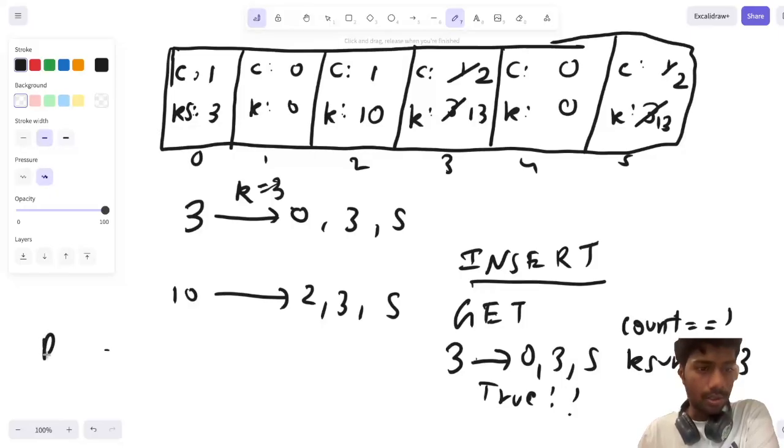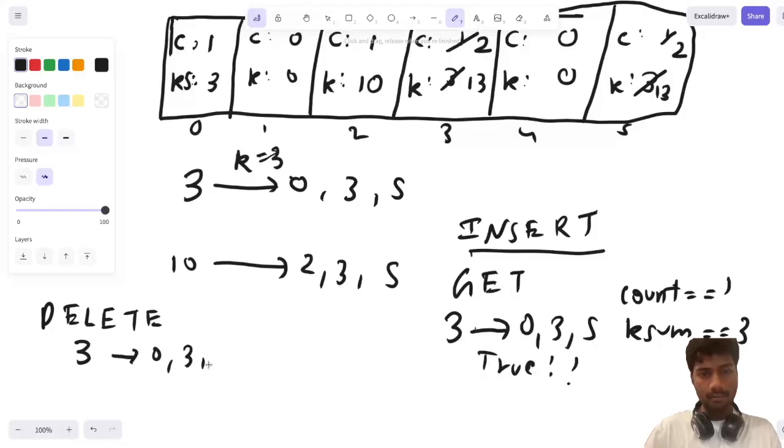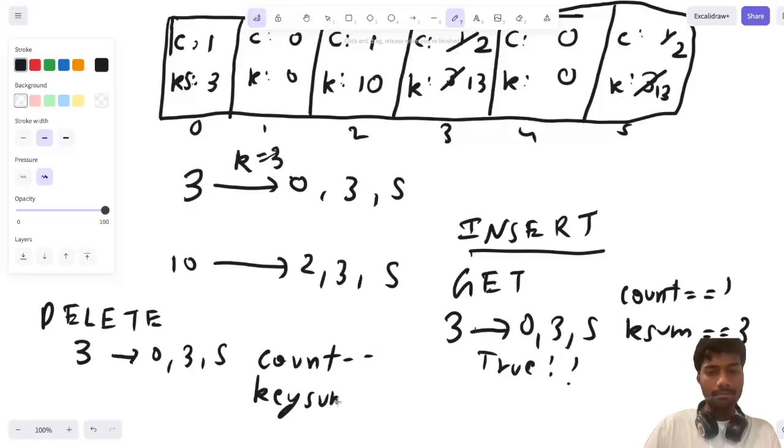And our delete operation, how it works is that, let's say I want to delete 3. So what it will do is take all of those indices, decrement the count, and also subtract from the key sum.